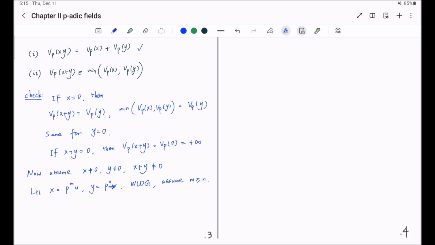And in view of this factorization, we may write x plus y is equal to p^m u plus p^n v, and because m is bigger or equal to n, this is equal to p^n times (p^(m-n) u plus v). Now, let us focus on this part.